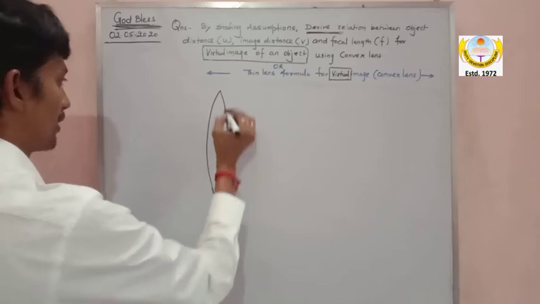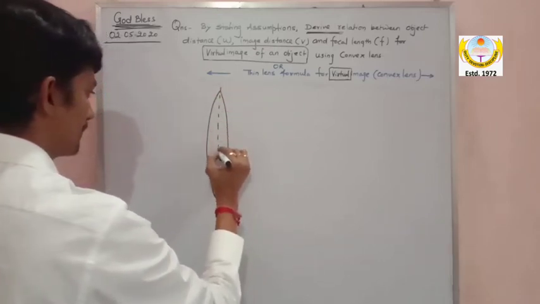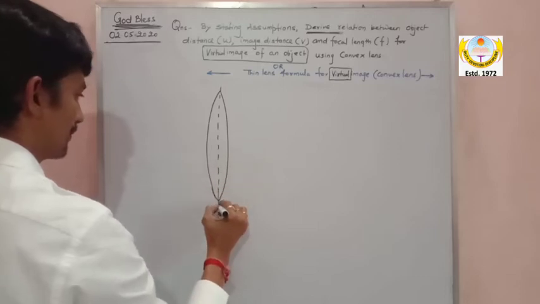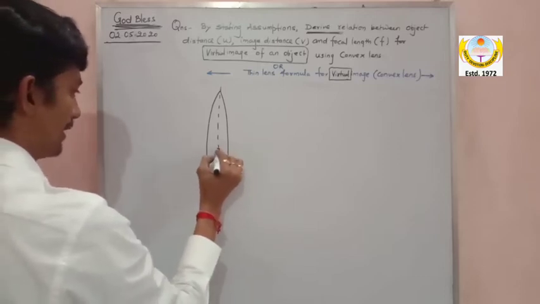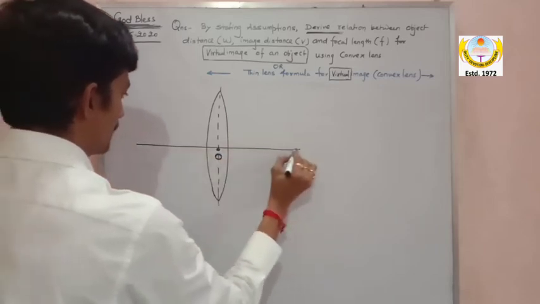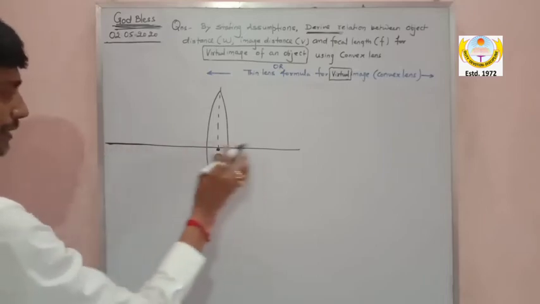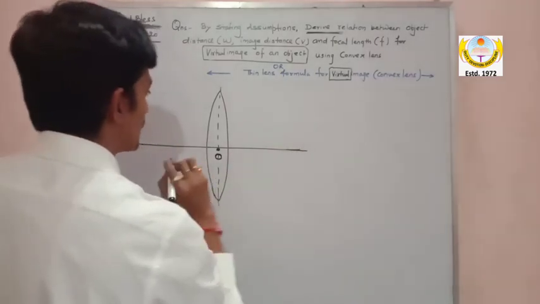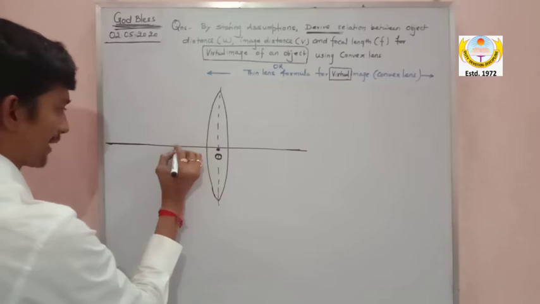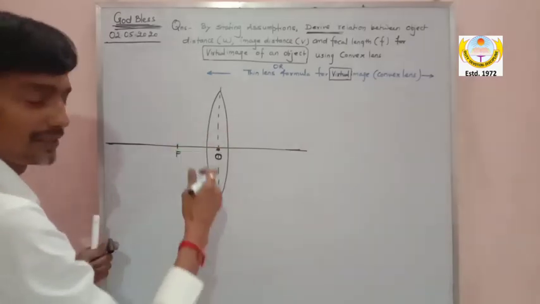So here I have drawn the convex lens. Here it is the optic axis. Here it is the optical center, and here is the principal axis. Now my dear, suppose here I have taken the focus of this convex lens, right?